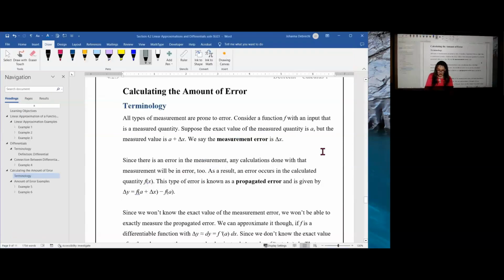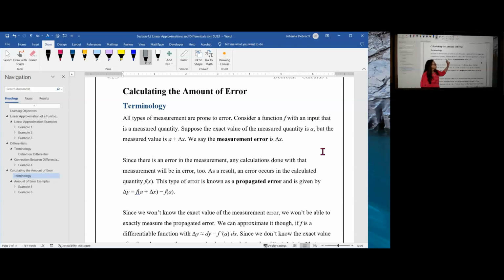How do we calculate that error? When we measure things, as we have to do in physics and other applications, there's always error involved. You take a yardstick or some kind of ruler to measure how long something is. There's going to be error. You're not going to be able to get it exactly.